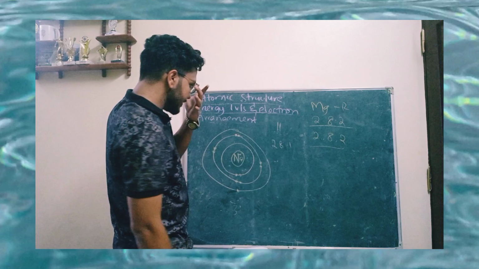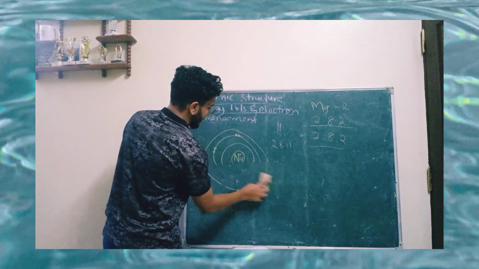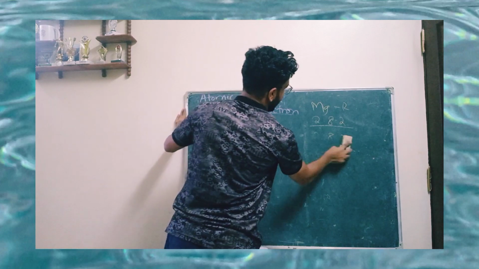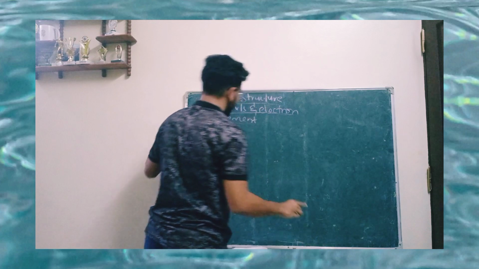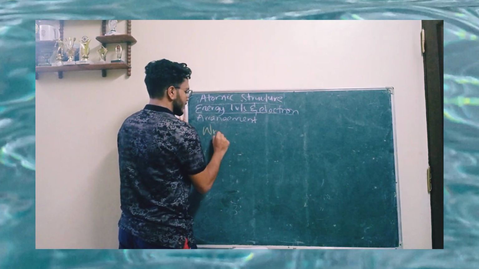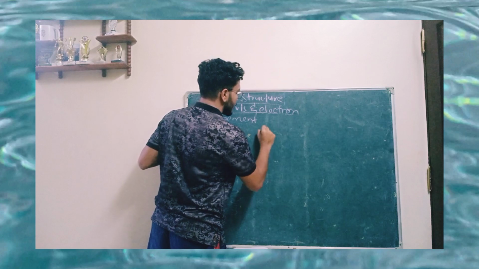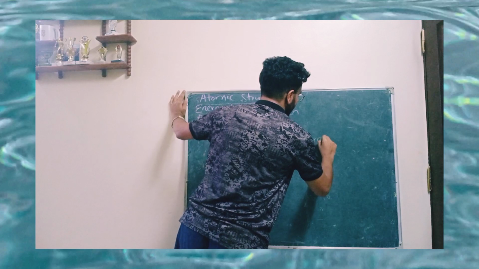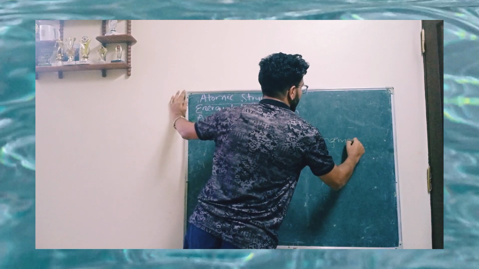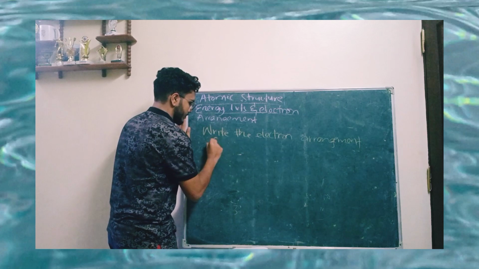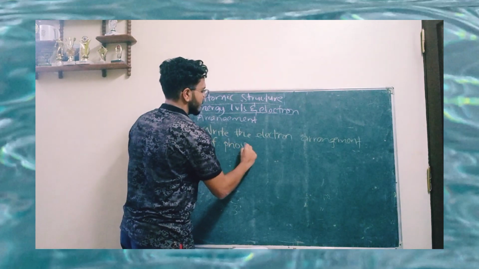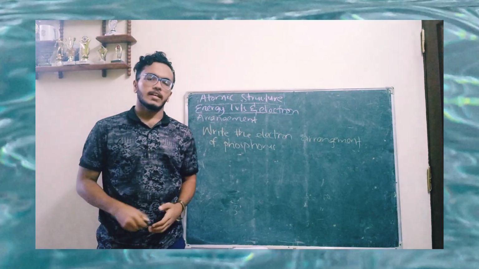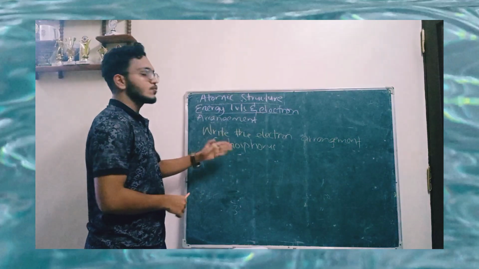So you have been told, write the electron arrangement of phosphorus. You will first look at the number of phosphorus in the first 20 elements.